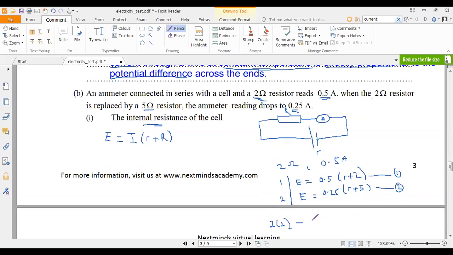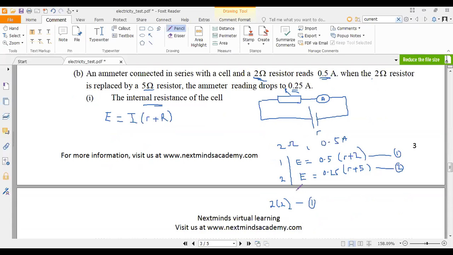So meaning that I'll have 2E minus E, that will be E, and then 2 times 0.25, that is 0.5r, minus 0.5r, that is 0.